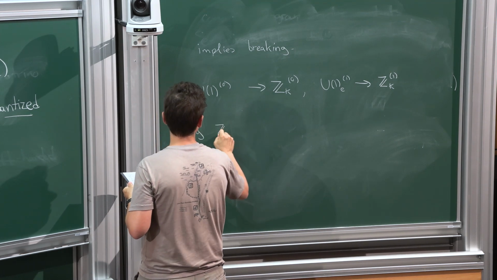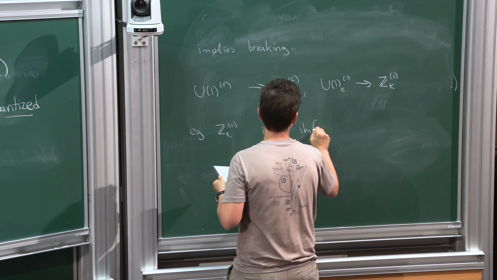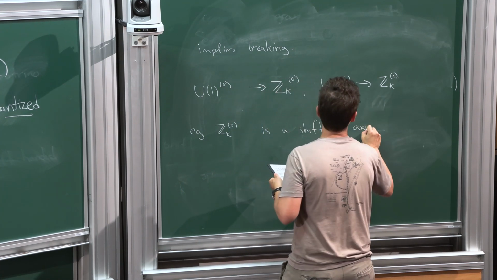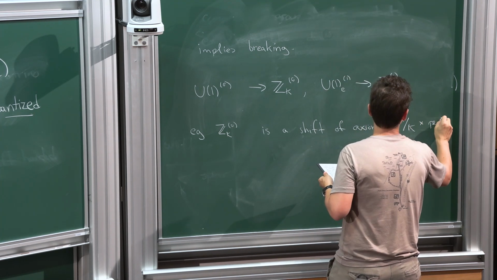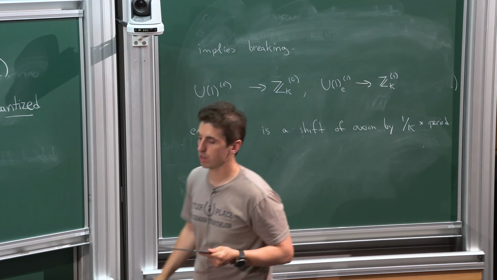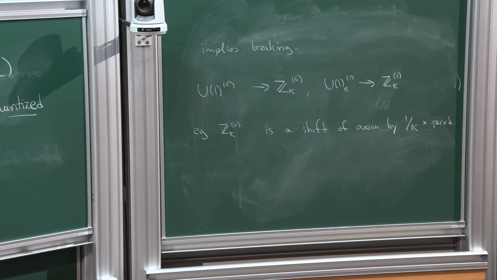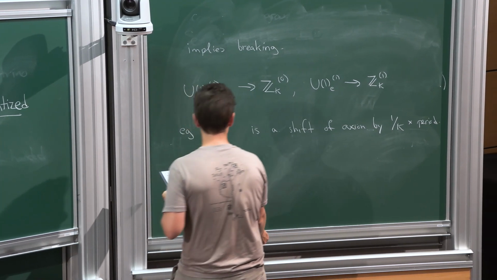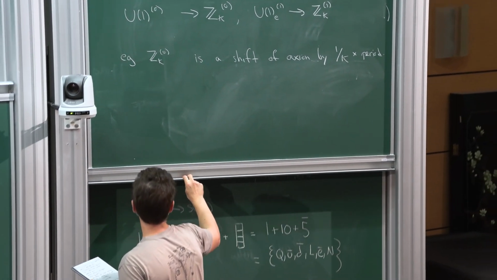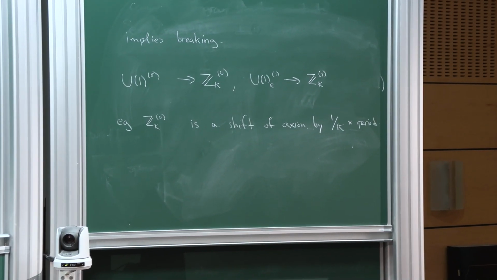So for instance, the Zk 0-form symmetry is a shift of the axion by 1 over k times its period. So a shift by the period is the nothing operation, because the period is a redundancy, but 1/kth of it is a symmetry, and it's a non-trivial symmetry if k is bigger than 1. And again, in the exercises that I gave you, you'll verify some of the fun parts of this statement. Because of this equation.